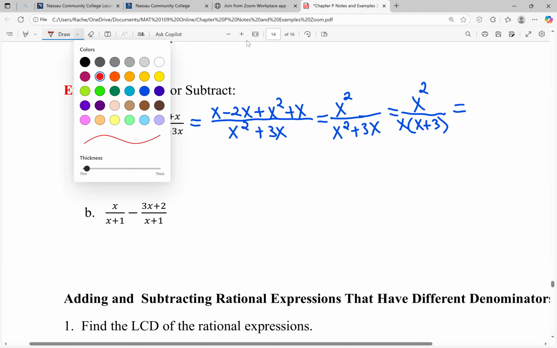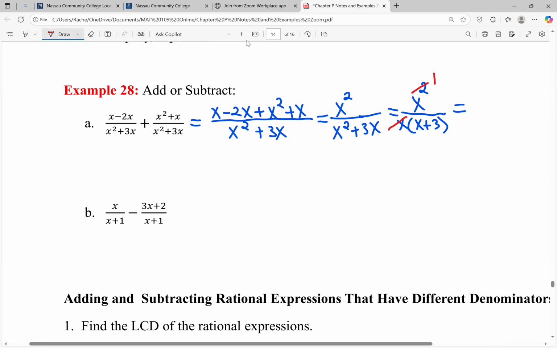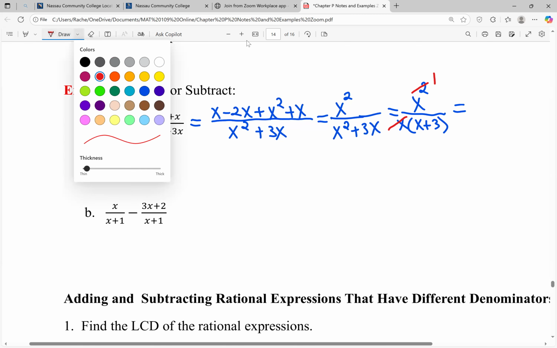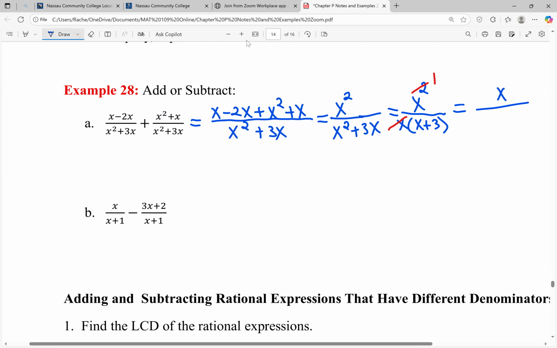In the numerator and denominator, the common factor is x, so I could reduce by 1x. So I'm going to have 1x in the numerator, and then in the denominator, I'm going to have x plus 3. So x over x plus 3 would be my final answer.